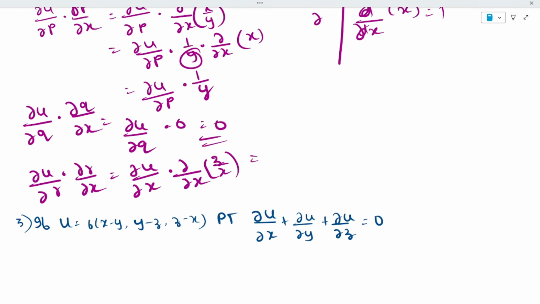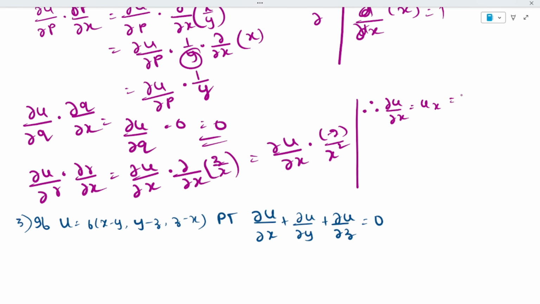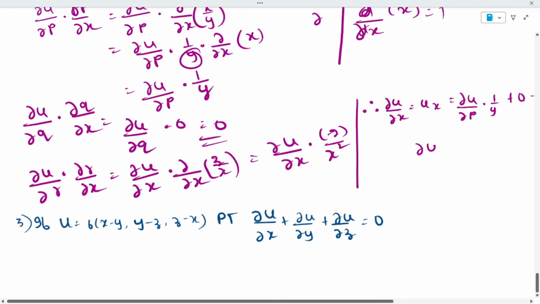If you do the stepwise differentiation, you will get del u divided by del r into minus z divided by x square. Therefore you can write del u divided by del x, that is ux, as equal to del u divided by del p into 1 divided by y plus 0 minus del u divided by del r into z divided by x square.